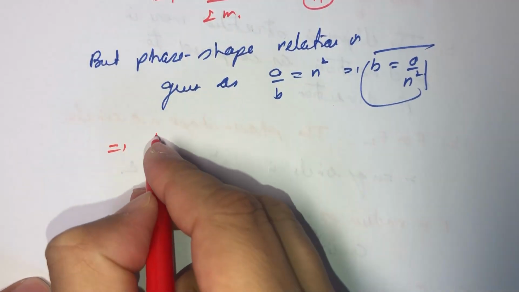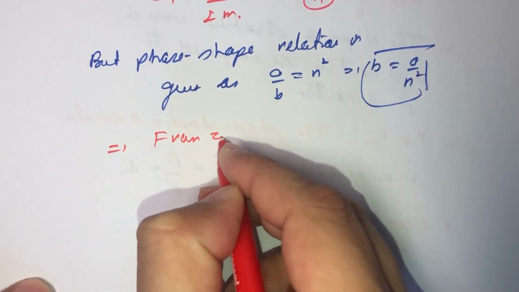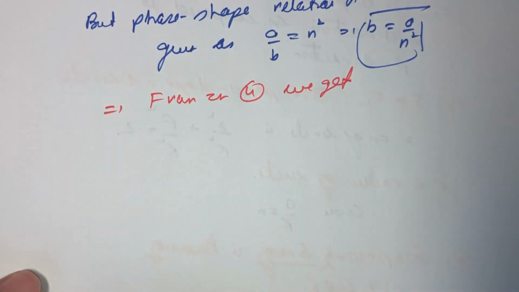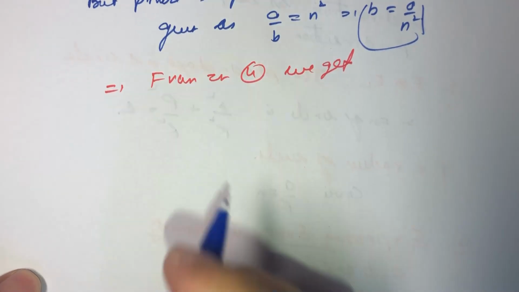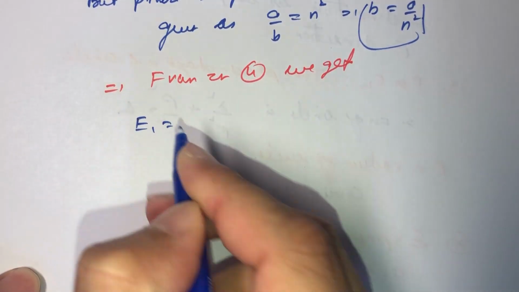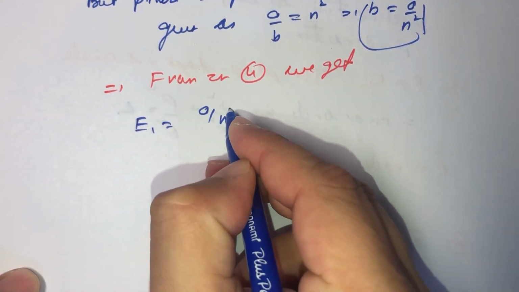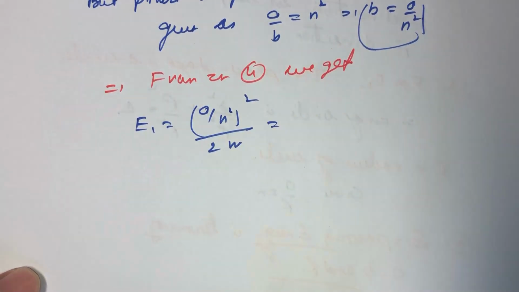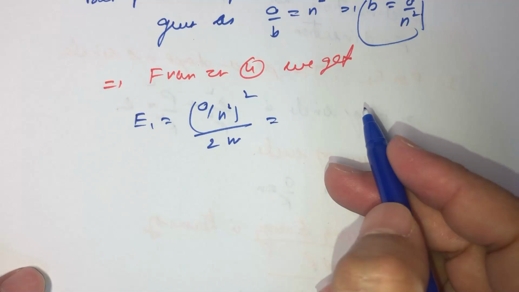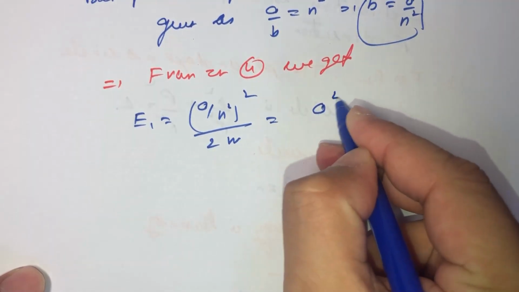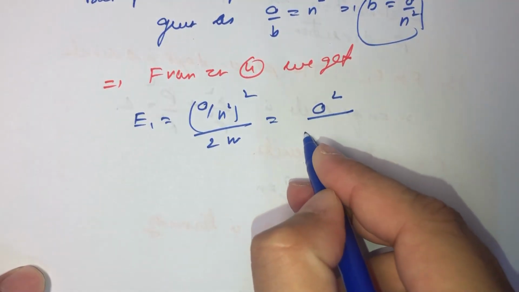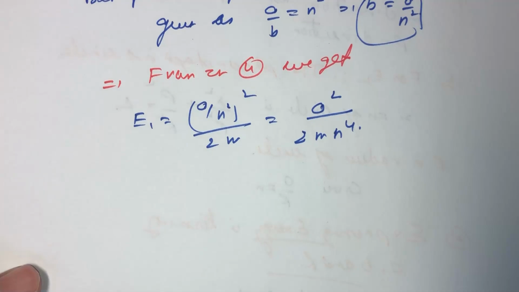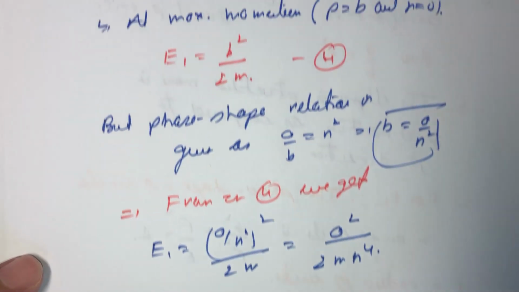So from equation 4 we get E1 is equal to a upon n square whole square upon 2m, and this comes as a square upon 2m n to the power 4.